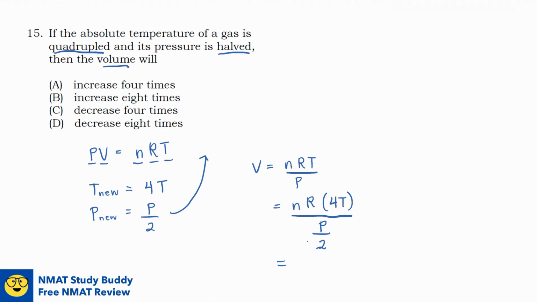Okay, so yung magiging result is, syempre yung 2 dito malilipat sa numerator. So, 2 times 4 is 8. 8 nRT over P. So, nagkaroon ka ng 8 na coefficient. Ibig sabihin nun, yung answer natin is letter B. The new volume will increase 8 times.